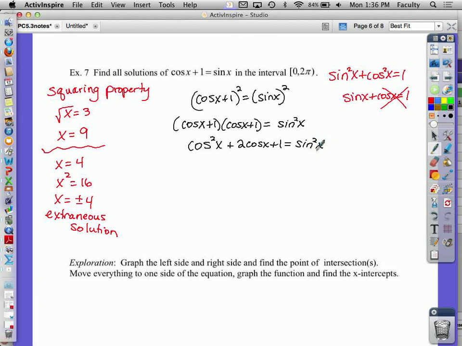And then this reminds me of problem 6, just the one before, where they're not in terms of the same trig function. So we're going to use the same strategy here, where we use a Pythagorean identity and replace the right side with 1 minus, not sine squared, sorry, 1 minus cosine squared x.